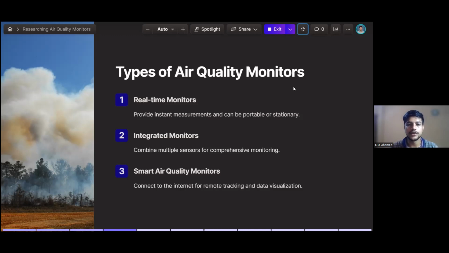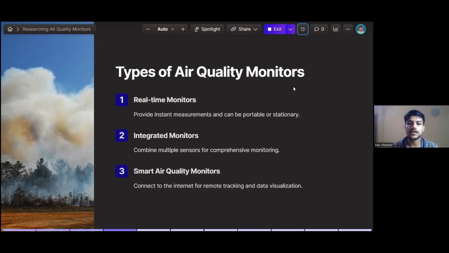And integrated monitors combine multiple sensors for comprehensive monitoring. Suppose we want to measure how much PM2.5 content and how much PM10 content there is.